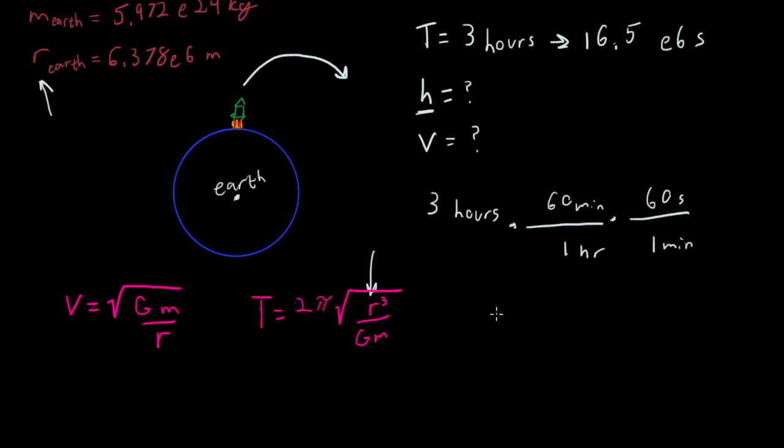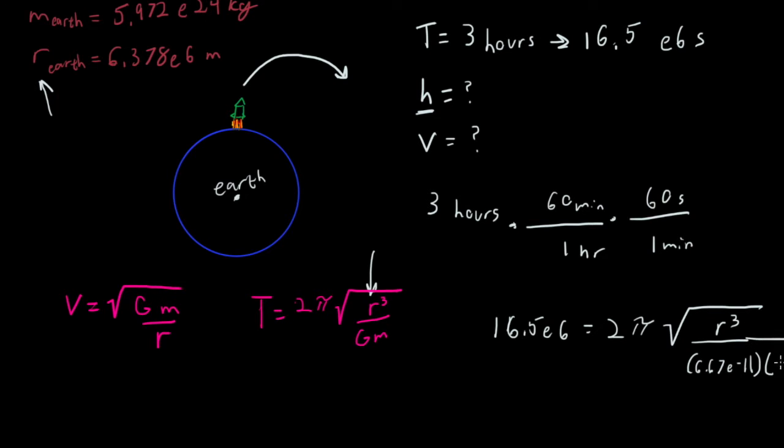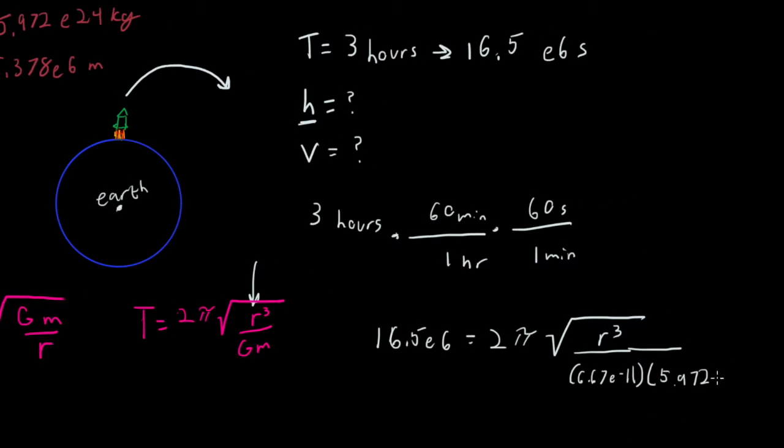If we plug our numbers in, we're going to get 16.5 E6 equals 2 pi times the square root of r cubed over 6.67 E negative 11 times, let's extend this a little bit, times my mass, which is 5.972 E24.